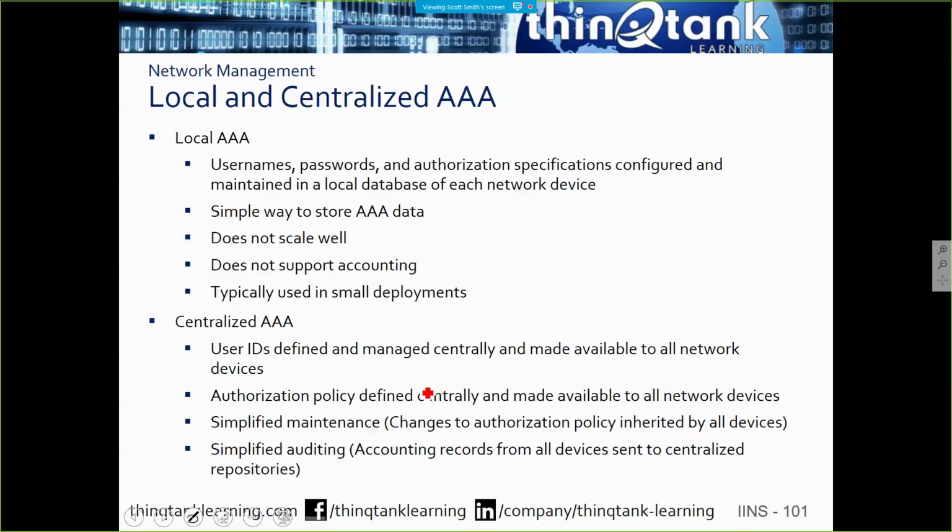All right, centralized AAA, you have an external server. That external server acts as a central repository for all of your authentication credentials, all your authorization policies, and so on. In Cisco, we use something called Cisco ACS, Access Control Server, to do this. Cisco ACS is now integrated into another platform called ISE, the Cisco Identity Services Engine, but ACS is still a self-contained function within that platform.